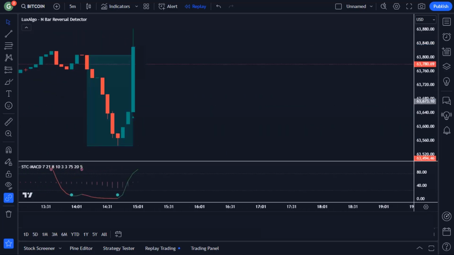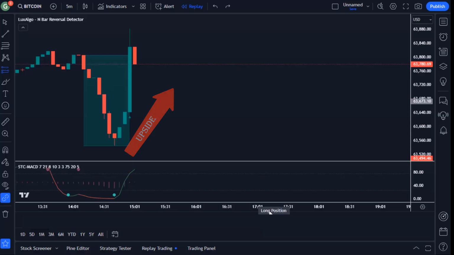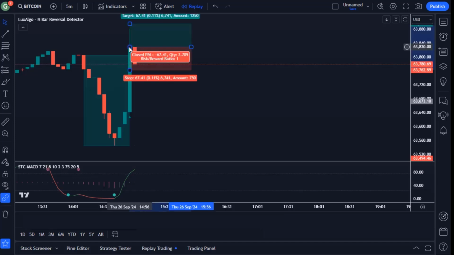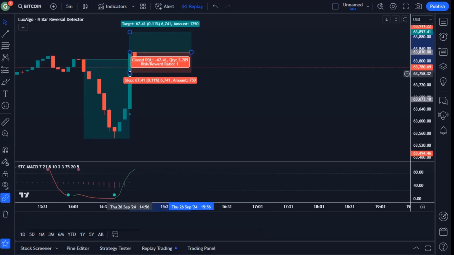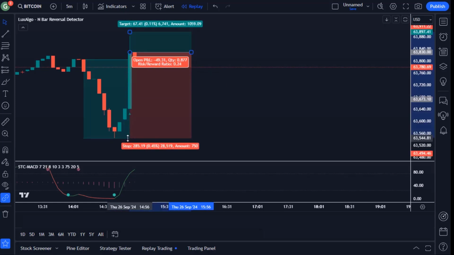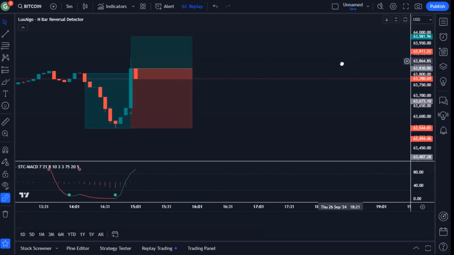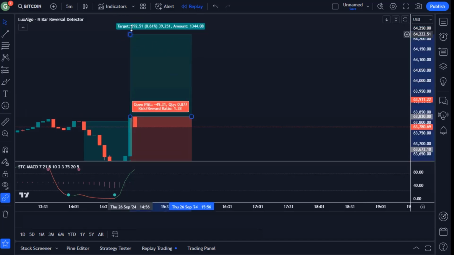We can see here we got a buy signal. First look at the N-bar reversal detector indicator giving a buy signal and market price going upside of the market. Now if we look at the second indicator, it makes a green line. If this condition is fulfilled, then we will place a buy order. Our stop loss is to be placed at the previous low of the market, and the risk-to-reward ratio will be 1 to 1.5.